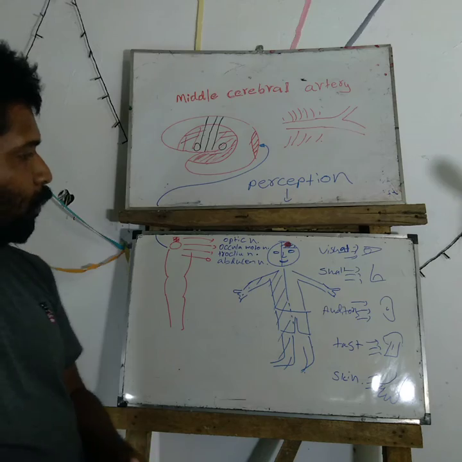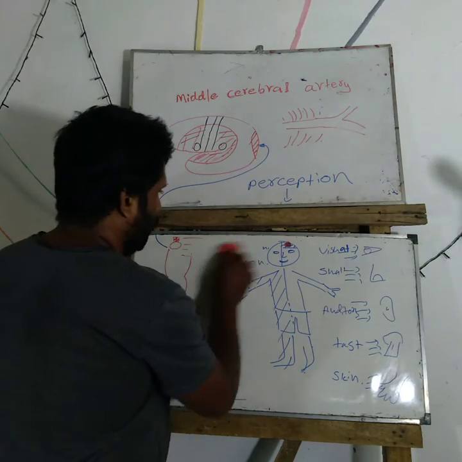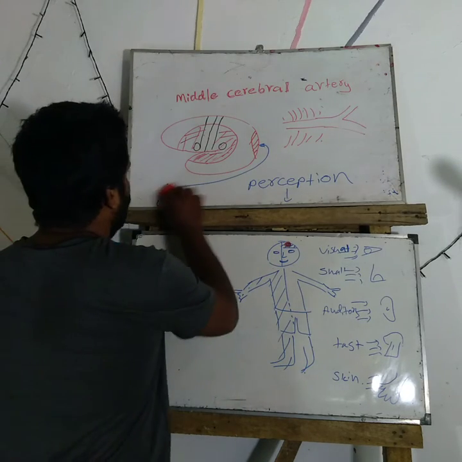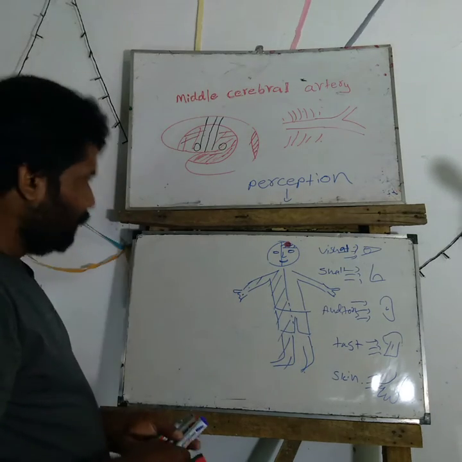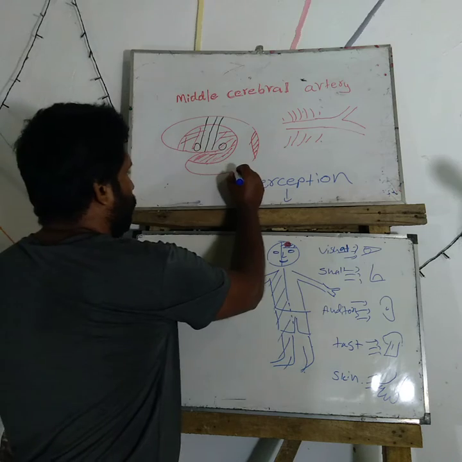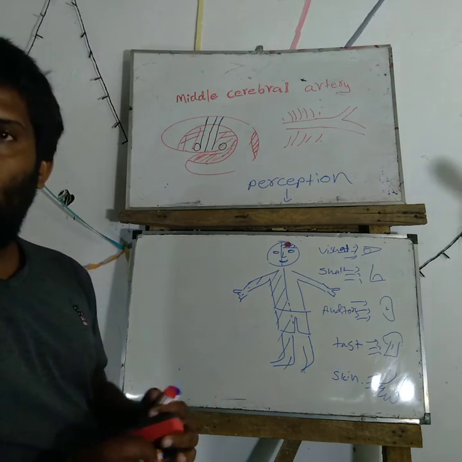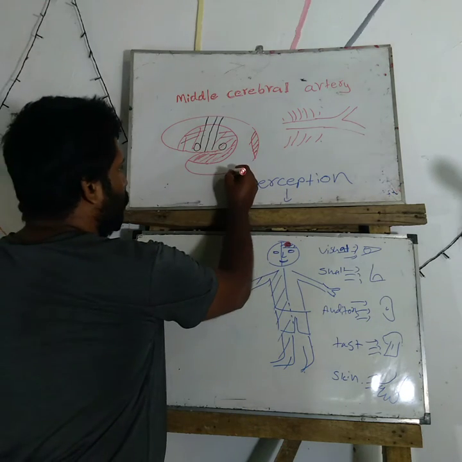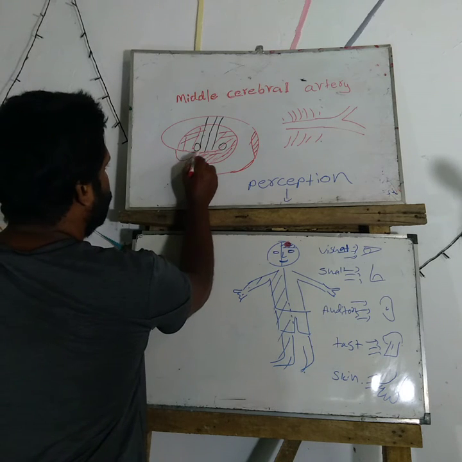Right, now go to the smell. Olfactory gives the smell supply to the internal area. This is the internal area.